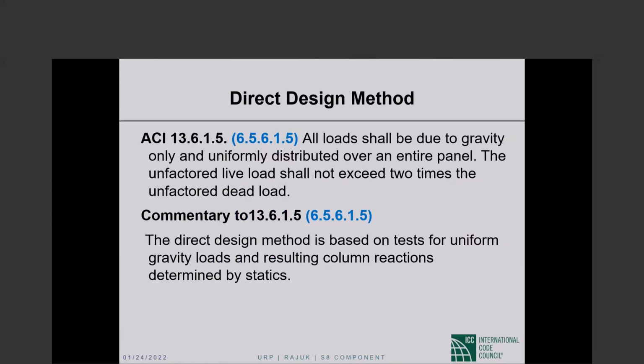Concrete is heavy. 6 inches of concrete is 150 pounds per square foot. Typically, the live load on a concrete structure is a fraction of the dead load. So twice the dead load is quite a bit. So it is a limitation, but it is not an unreasonable limitation at all.